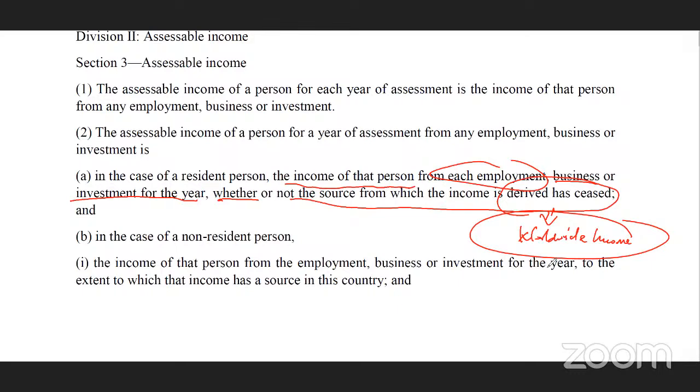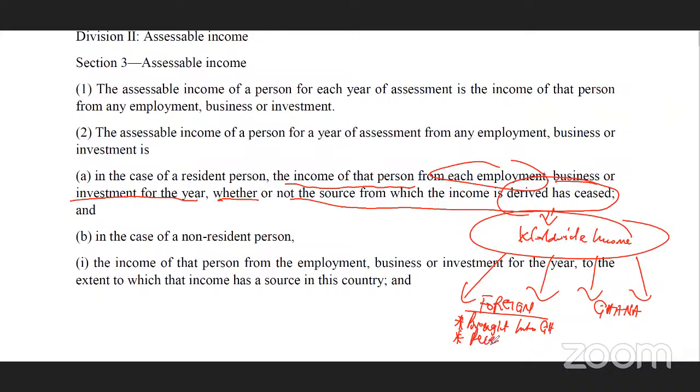So that is it. Now, for a resident person, incomes have various sources. And I say worldwide income, meaning income that you made in Ghana here, and income that is in a foreign country. So if I have income that was brought into Ghana from a foreign country, and income that was received in Ghana from a foreign country, these incomes connote a foreign source.